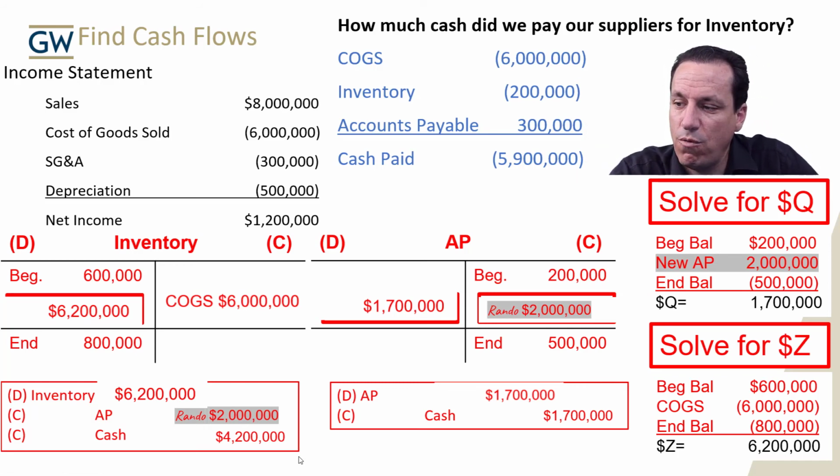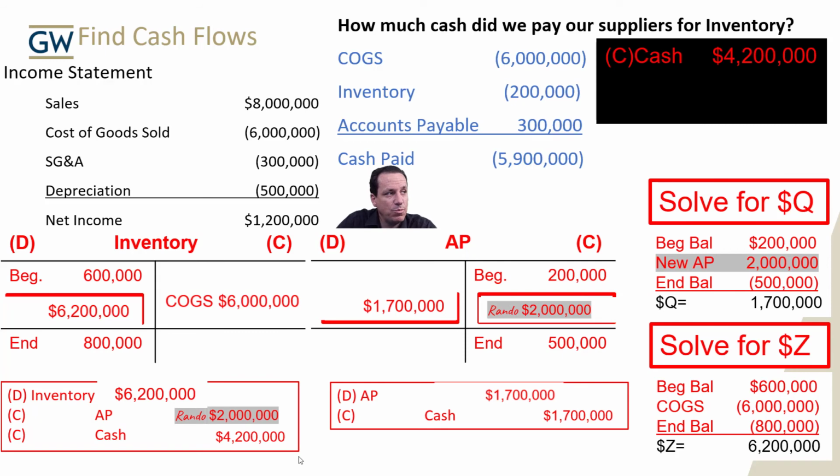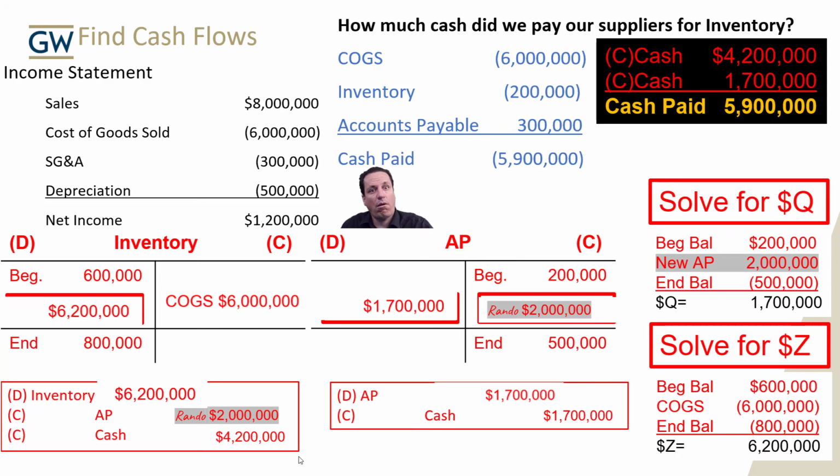Well, we can solve for the answer now. We have cash paid in the journal entry of the actual purchase of the inventory, and then we also have cash that was paid on accounts payable for the period. 4.2 plus 1.7. It's 5.9. I told you it's 5.9. So the point of this video, again, I'm not trying to confuse you more.